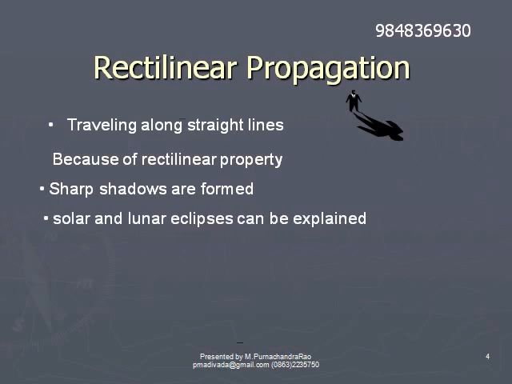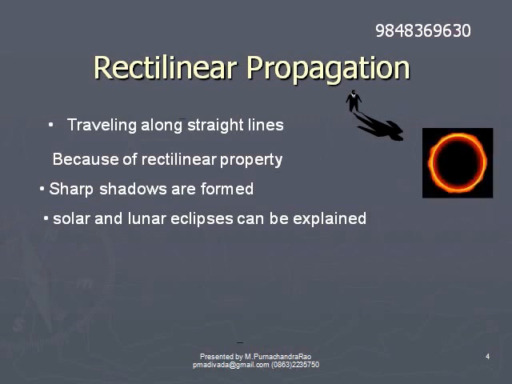Similarly, solar and lunar eclipses can be explained based on rectilinear propagation. In a solar eclipse, the moon comes in between the earth and the sun. The central dark disk represents the moon, which blocks the sun, so only a part of the sun is seen.